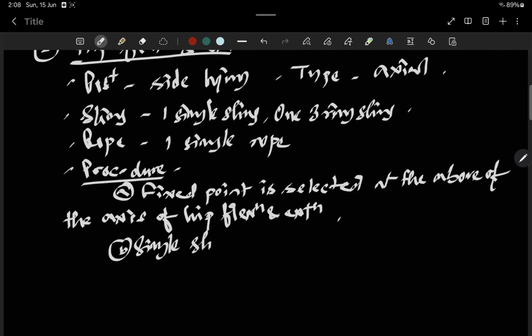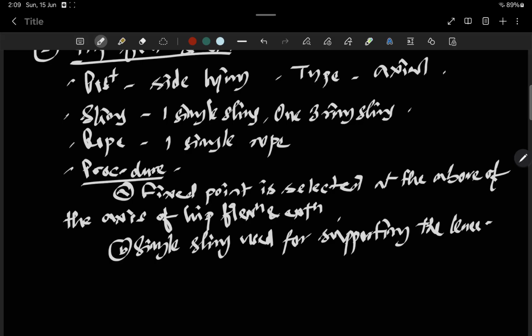Single sling is used for supporting the knee joint.